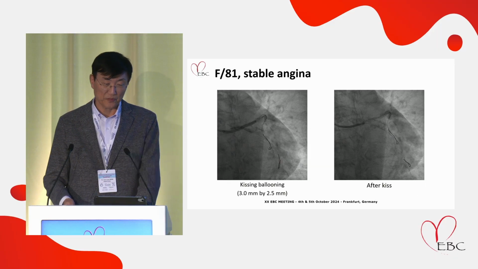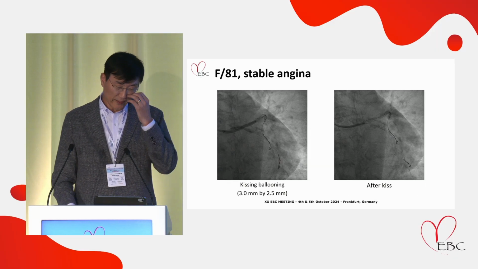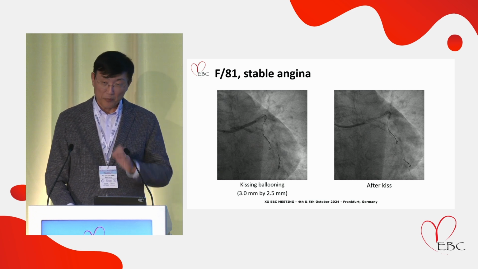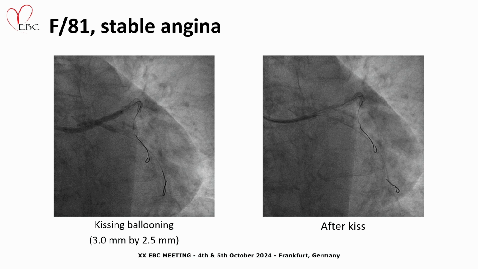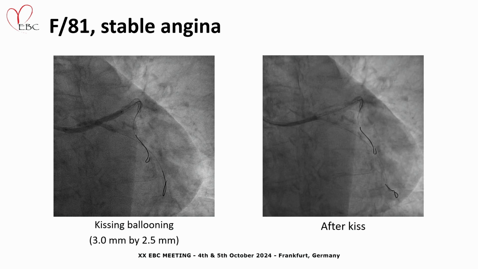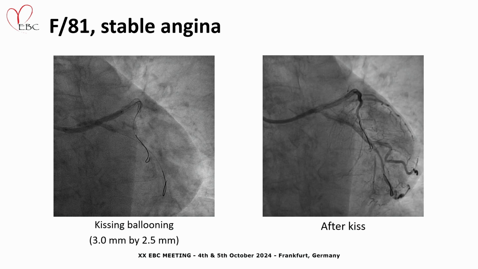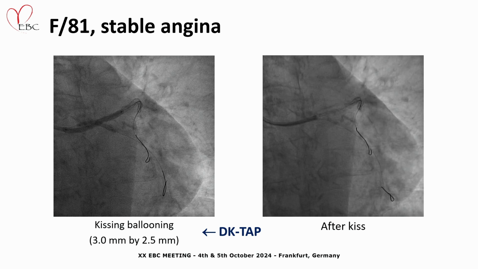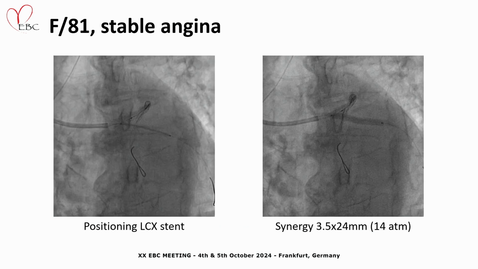This is a preparation for the TAP technique. I did a kissing ballooning before the circumflex stenting recently for the TAP technique, for better preparation of the lesion. After the kiss, the circumflex was okay. So I try to call it a DK TAP.